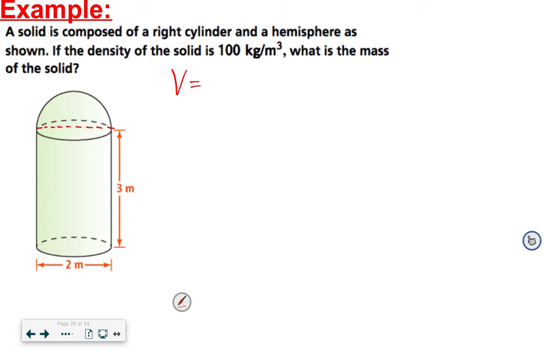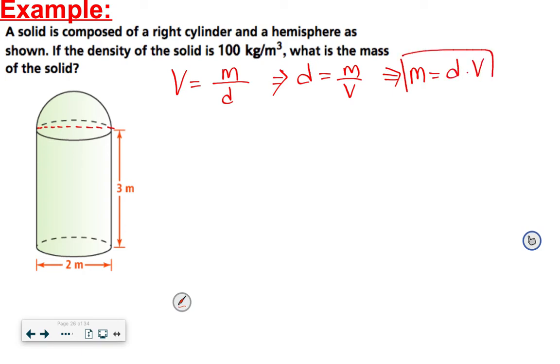Volume is mass over density. Or you can say that density is equal to mass over volume, or you can say that mass is equal to density times volume. And we will use this.